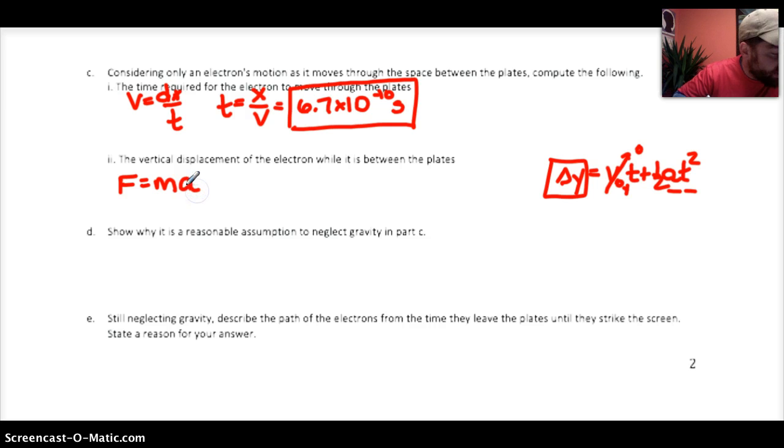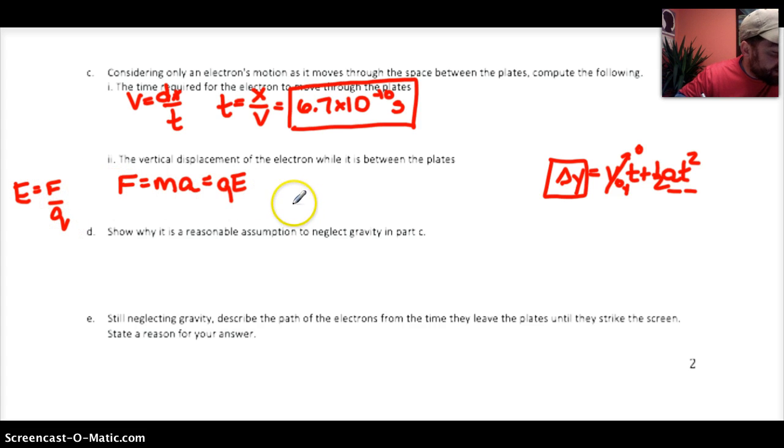F is equal to m times a. We also know that the force, the electrostatic force, is equal to QE. This is just another variant of the equation. Remember that that comes from the definition of the electric field as force per unit charge. When I multiply Q times E, that's also equal to force.